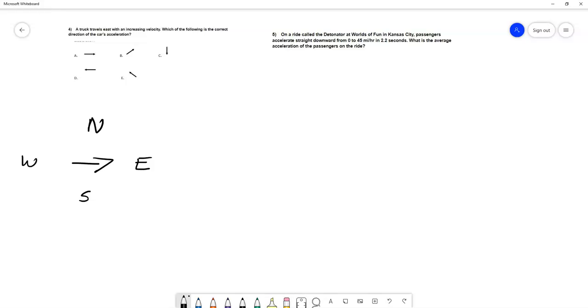Now it says with an increasing velocity, so you're probably initially going to be thinking that it is B. However, remember that speed increases means velocity and acceleration are going to be pointed in the same direction.